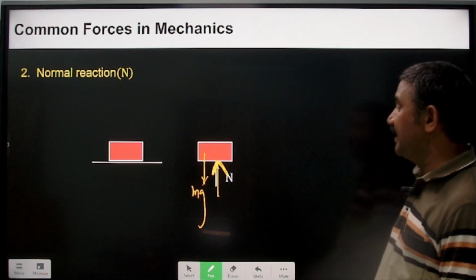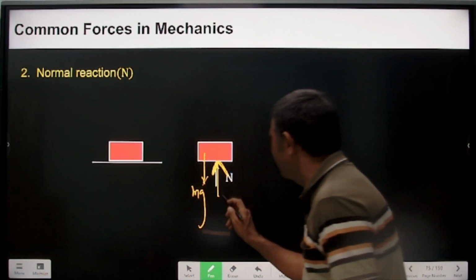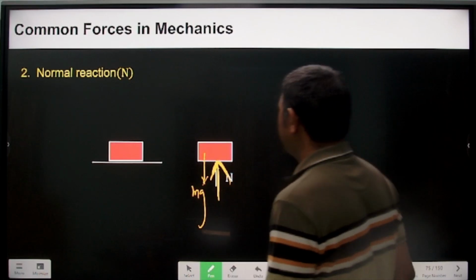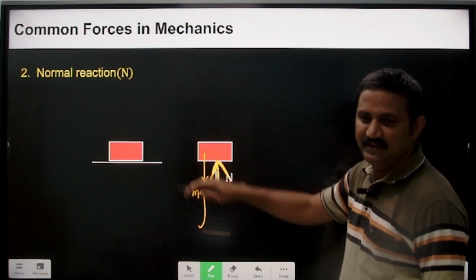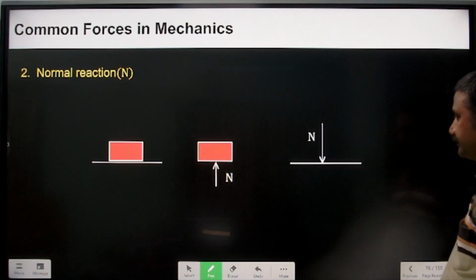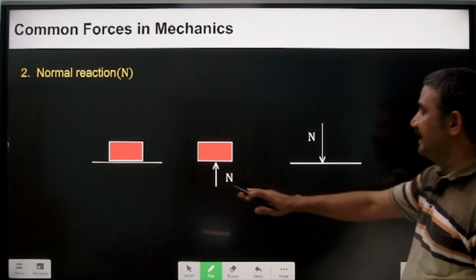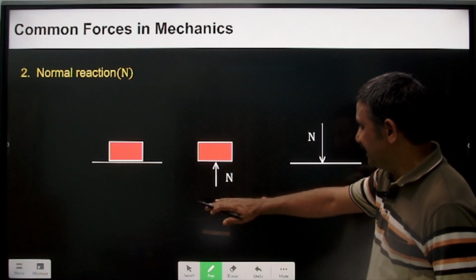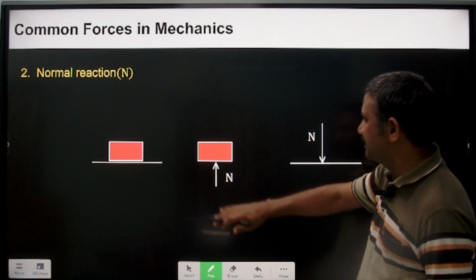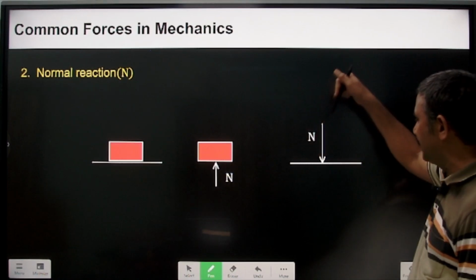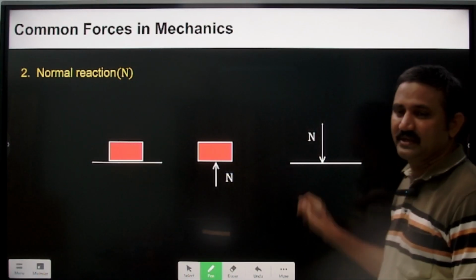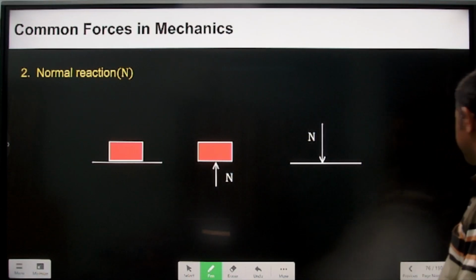This normal reaction always pushes the body, and this normal reaction force is always perpendicular to the surface. So here the earth exerts a normal reaction force on this body in the upward direction, and the body exerts a normal reaction force in the downward direction, because these two forces are action-reaction forces.